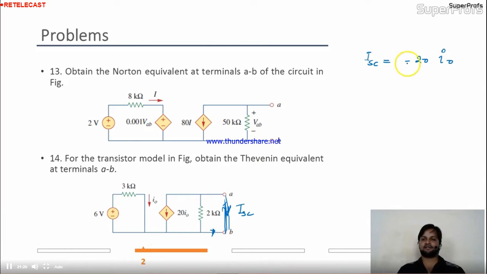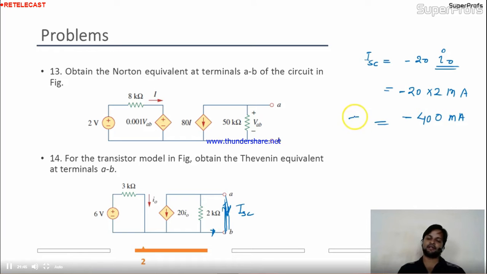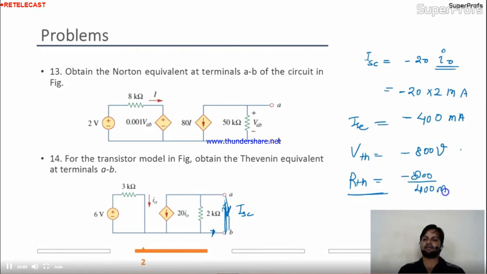Now the question is, what is the I naught? You know our I naught is fixed, 2 milliampere. So this is minus 20 into 2 milliampere, which is minus 400 milliampere. This is nothing but ISC. And you already calculated that VTH was minus 800 volt. So the RTH we can get easily: minus 800 divided by minus 400 milli. So this is nothing but 2k. Is it okay to you?